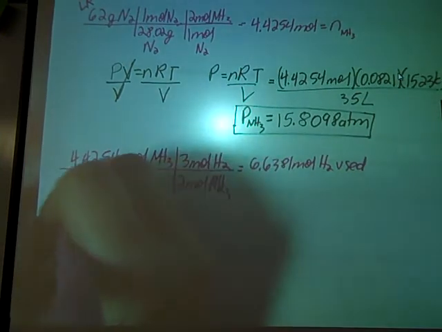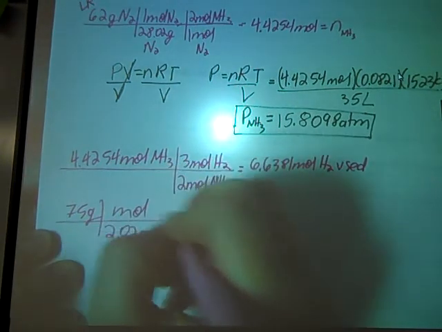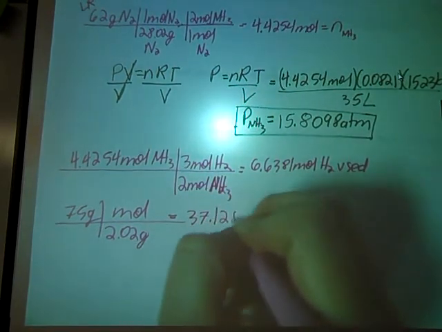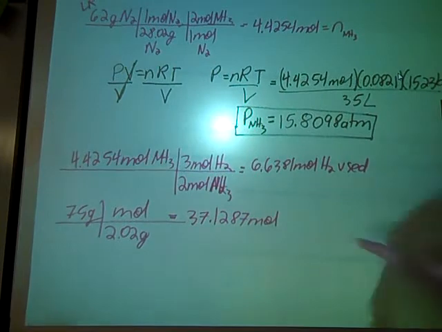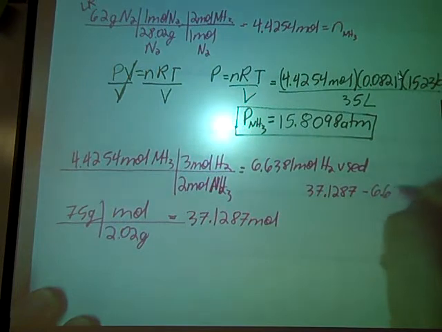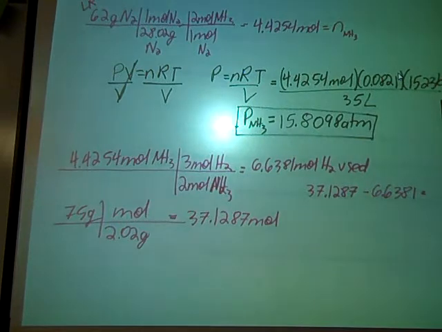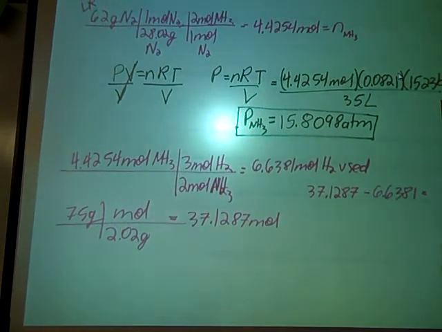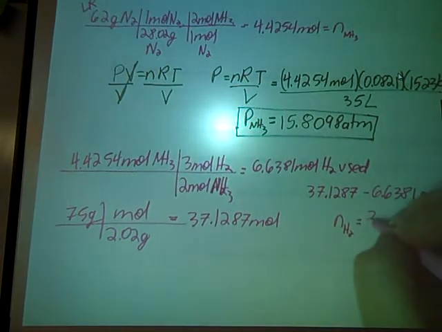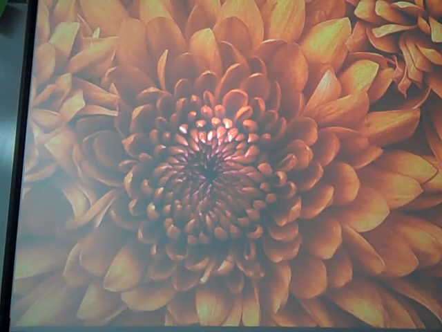Let's see how much we started with. 75 grams. Convert that to moles. I started off with 37. So if I started with 37, and I used 6.6 roughly, that means, you can't see that number, I have 30.4961 moles of hydrogen left over.